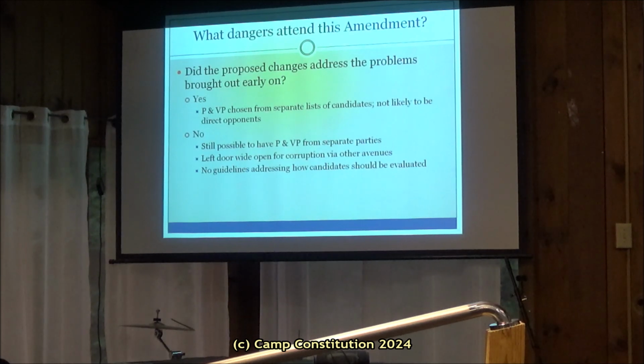It certainly did nothing to ensure any protection against corruption coming in from other avenues, and there were no guidelines issued on how to evaluate candidates. That was completely still left to the states. And maybe they just thought that was appropriate for the states, but maybe they might have issued guidelines instead of hard and fast rules.